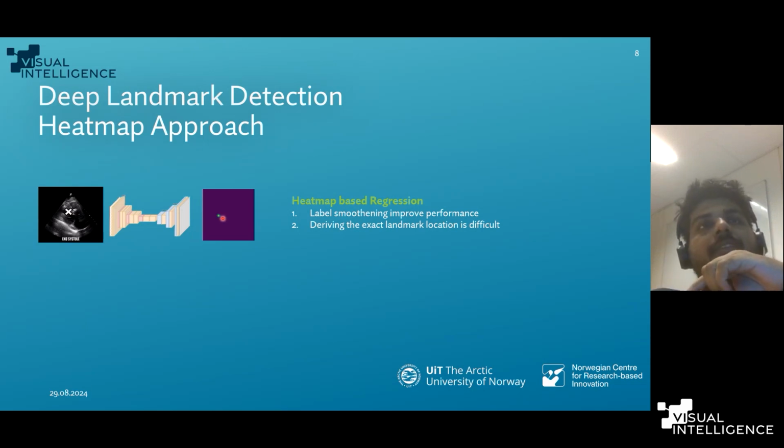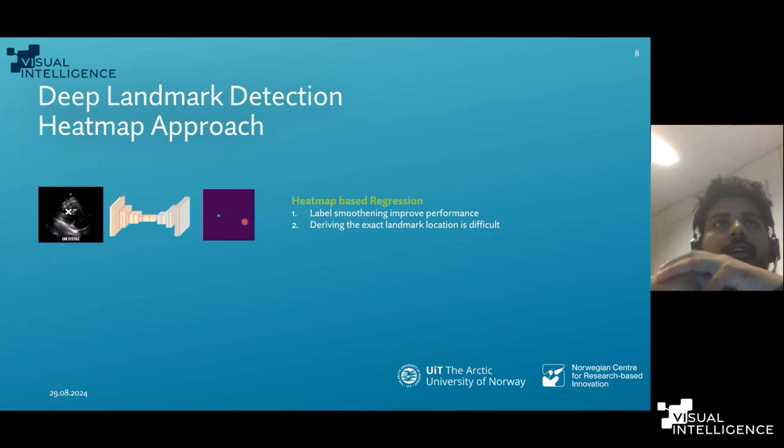basically placing a Gaussian based heat map at the landmark location and then training the neural network on the Gaussian heat maps, it improves the performance. It also leads to better generalizability on unseen data and gives better landmarks.